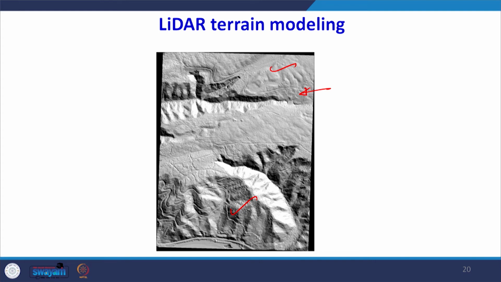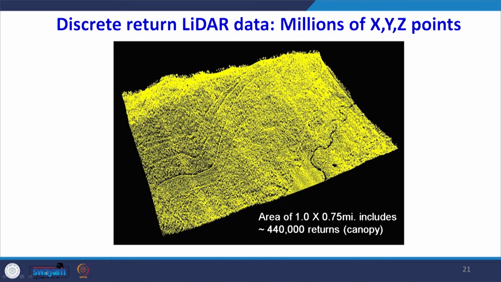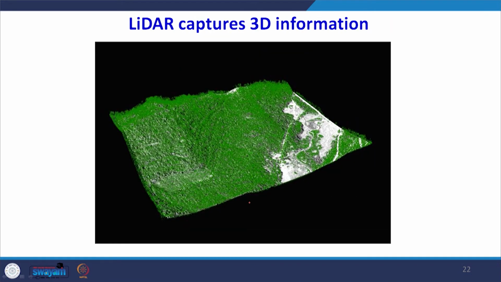So this is a two-dimensional elevation model, and different shades here indicate the different heights on the ground. Now if you want to see the height of the objects on the ground, this is a forested area, and I am taking the example of a small area, but again this small area has 0.44 million returns, a large number of x, y and z coordinates.